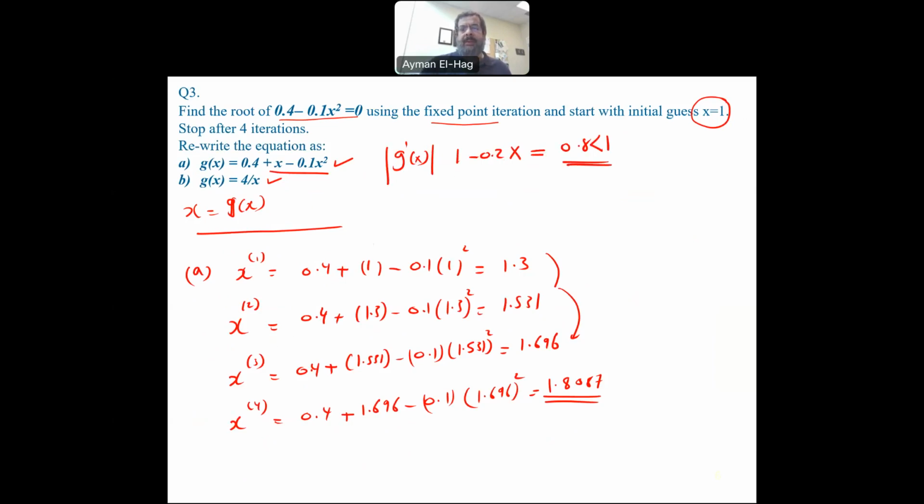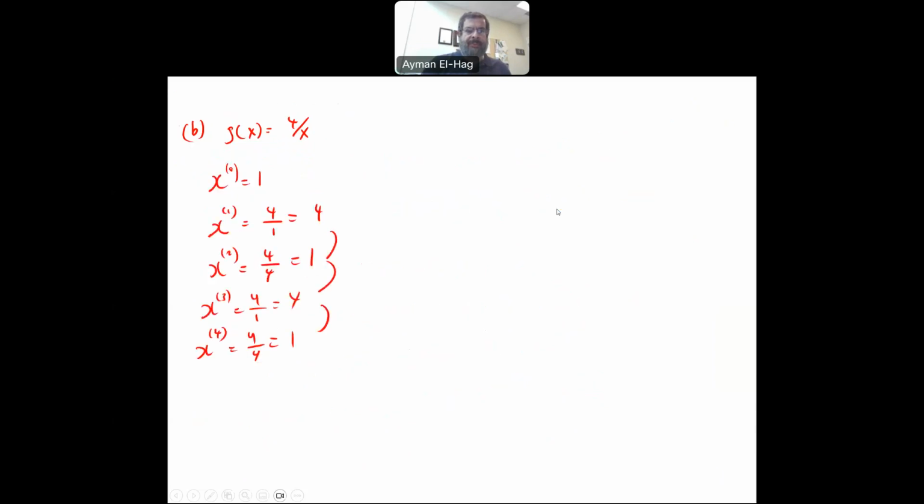So it converges. Now when you go for g2, the other g prime of x, here it is 4 over x, so the derivative is minus 4 over x squared. Take the absolute value, substitute, and this will give you 4, greater than 1. So it will not converge.